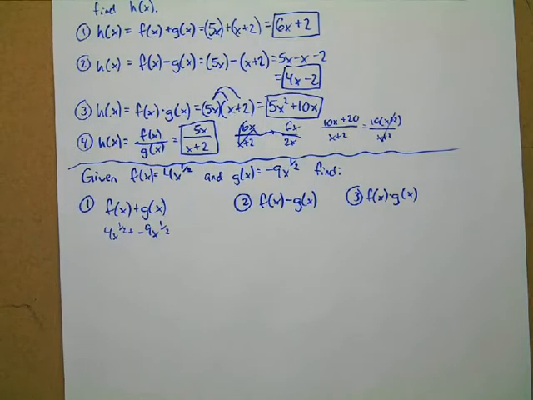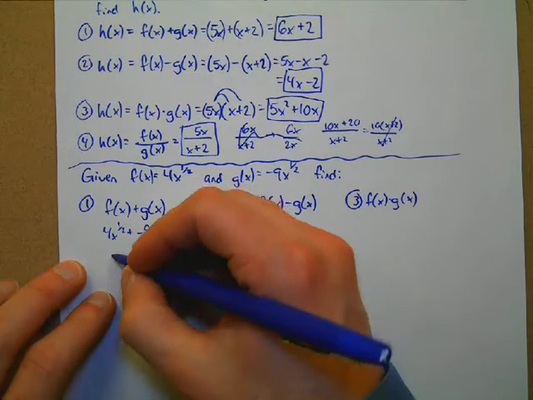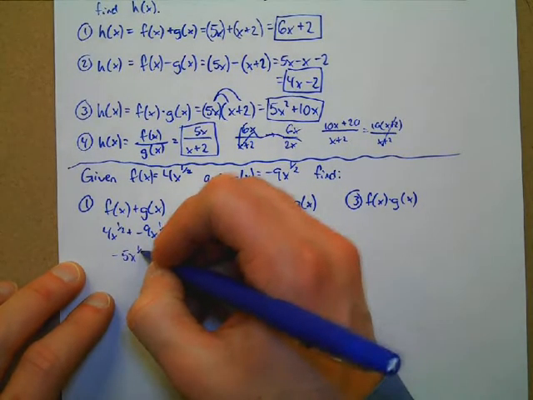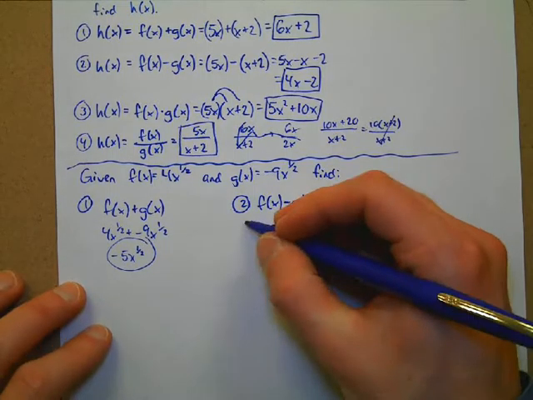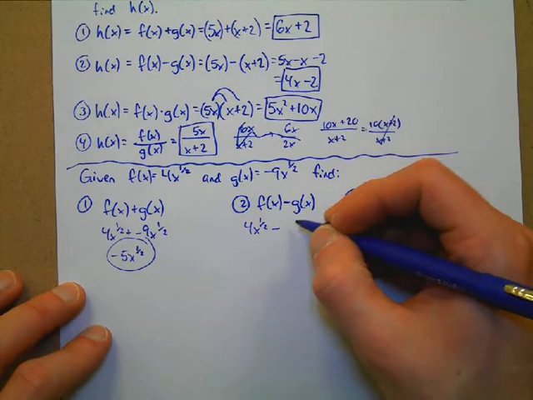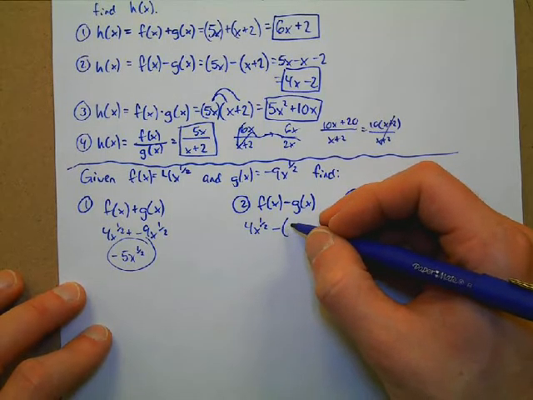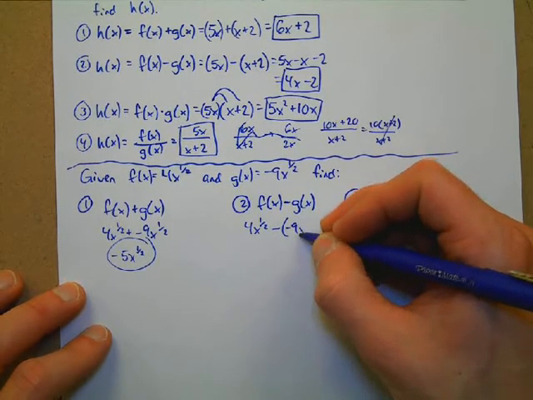It becomes negative 5x to the 1/2, and that's the best we can do. Next one, f of x minus g of x, same idea, except now we're going to subtract negative 9x to the 1/2. Minus a negative becomes plus positive, so we can add those together to get 13x to the 1/2.